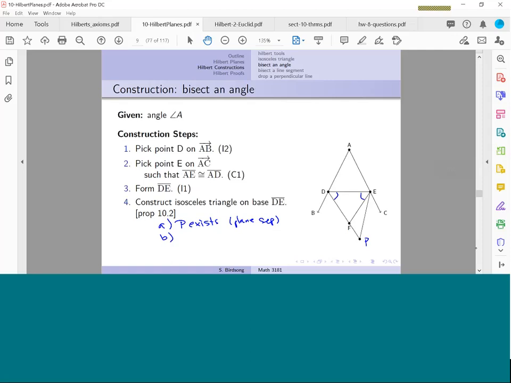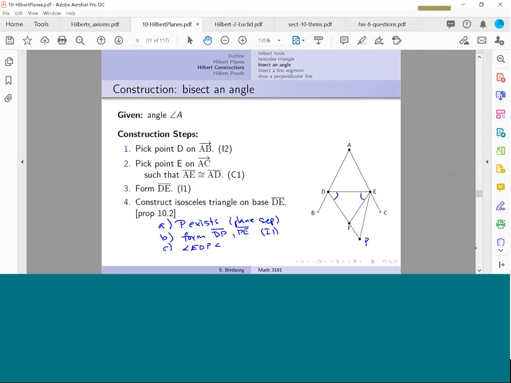So B, we formed 2 lines. I'll put them in the same step. So that's DP and PE. And here our construction tool that we used was the first incidence axiom. Then we said that angle EDP is going to be the smaller of the 2 angles.